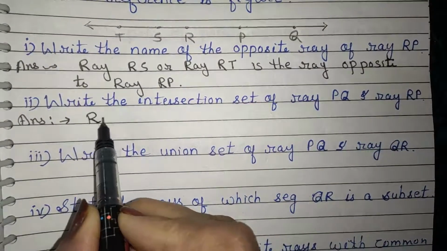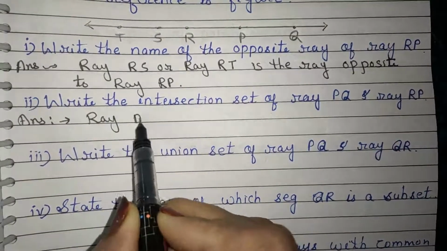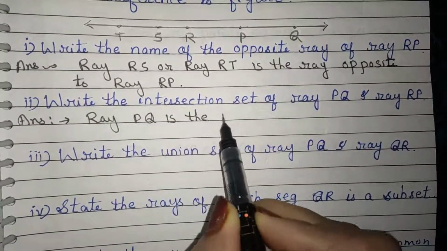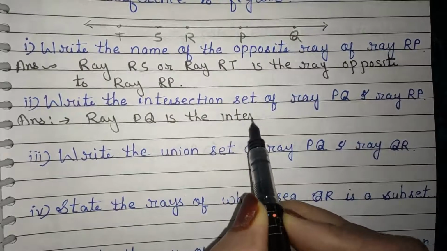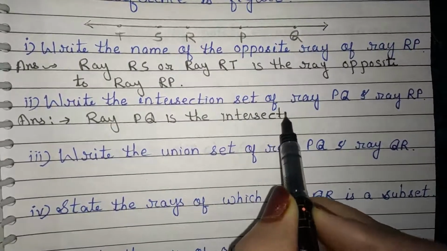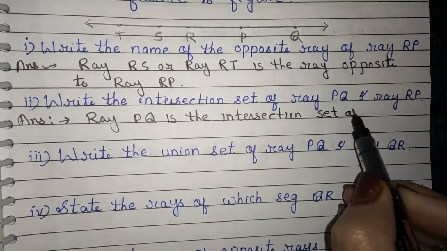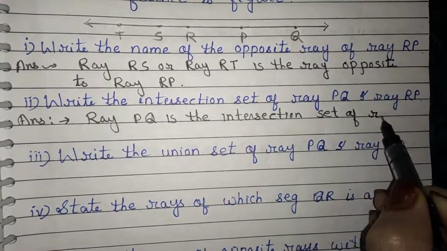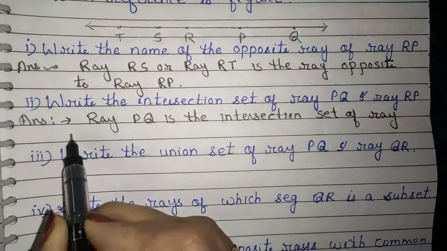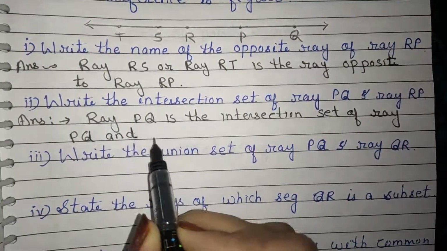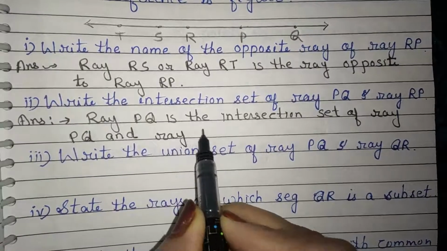Therefore we can write here ray PQ is the intersection set of ray PQ and ray RP.